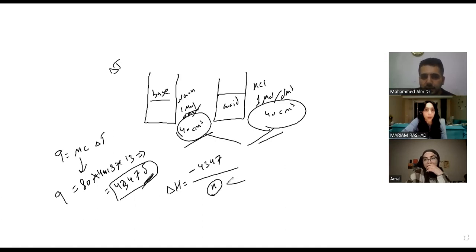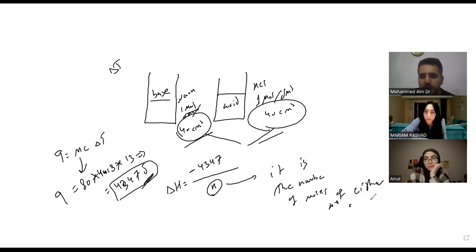Guys, in here, it is the number of moles of either H plus or OH minus, either one of them. It depends on what we added at 180 seconds.